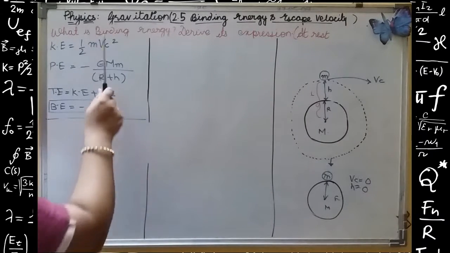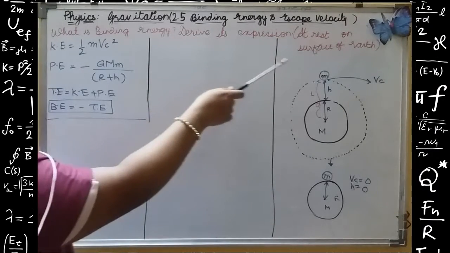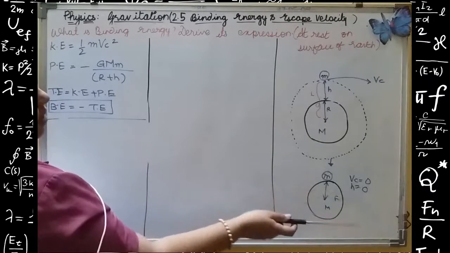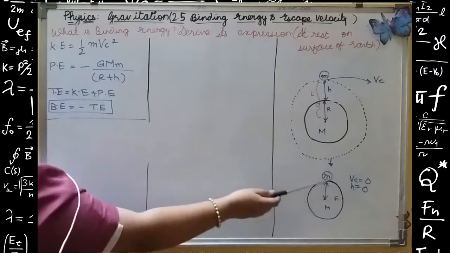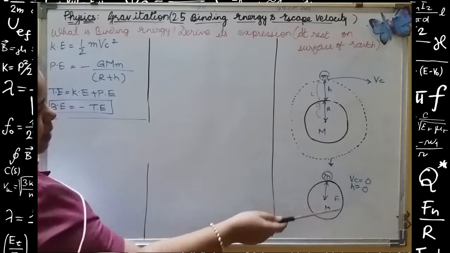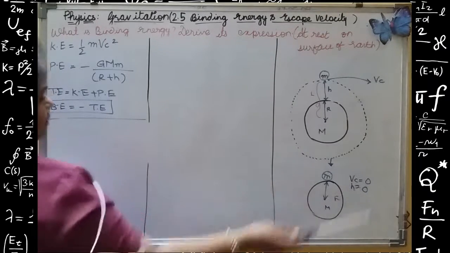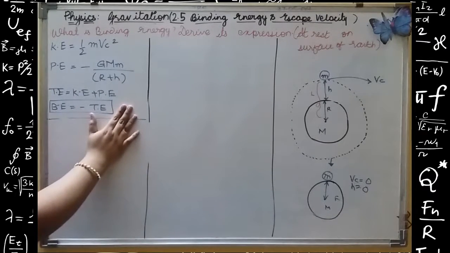Another case, the binding energy of a satellite when it is at rest on the surface of the earth. So this figure becomes this. Here there would be no height because the satellite or the object is resting on earth. Radius and mass of earth will remain the same. Critical velocity will become 0. Height would be 0. So by using this expression again, we will derive our expression.